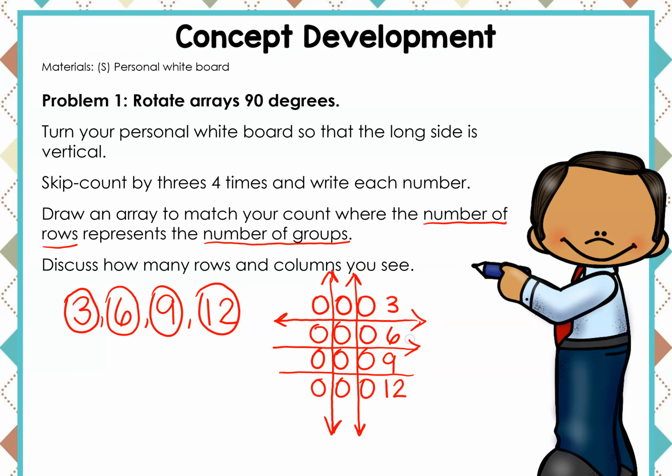Well, actually, no, we have 1, 2, 3, 4 rows, and we have 1, 2, 3 columns. So we have 4 rows, 3 columns.